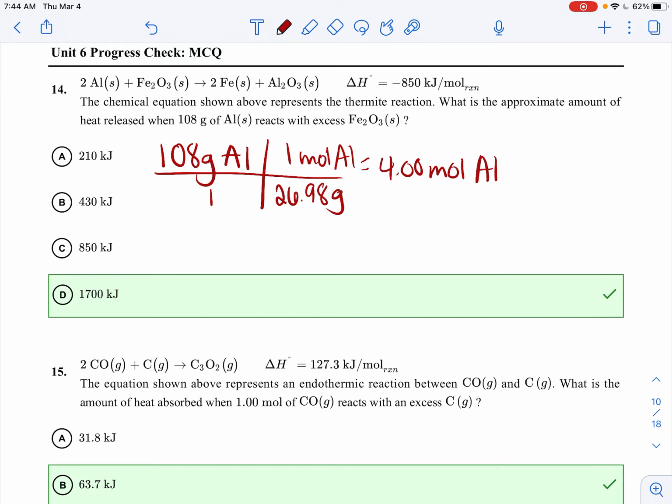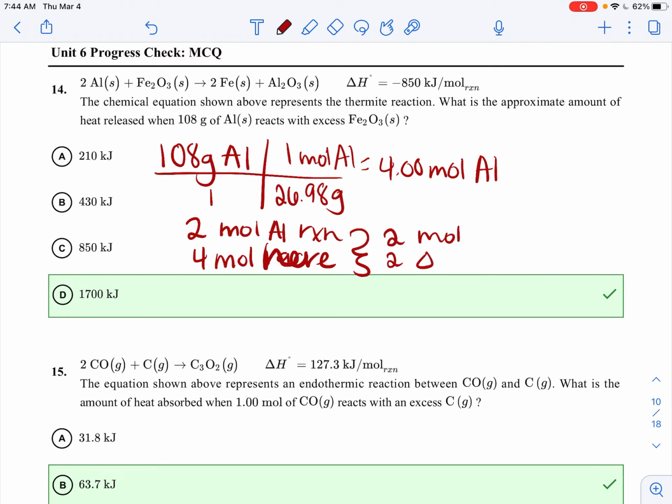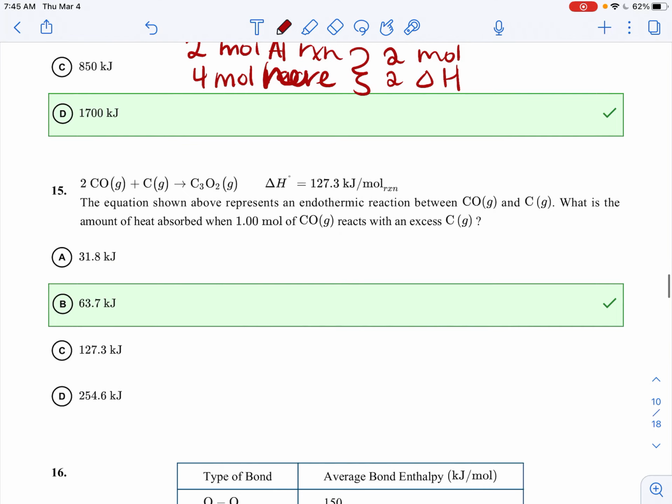Now in the reaction, I have 2 moles of aluminum, but 4 moles are actually reacting. And so since I double the moles, I double the delta H. And so I'll do 850 times 2, and that will give me 1700. That's where D is coming from.